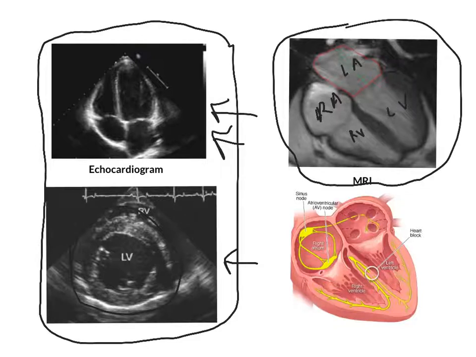Let me see if I can change colors really quick. The atriums are on the bottom and the ventricles are on the top of the screen.